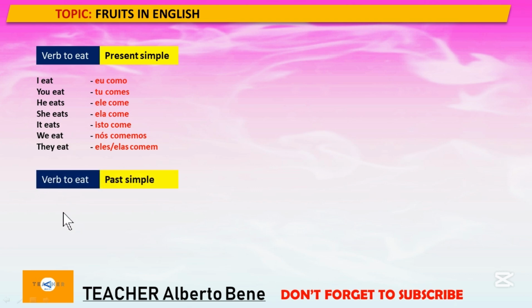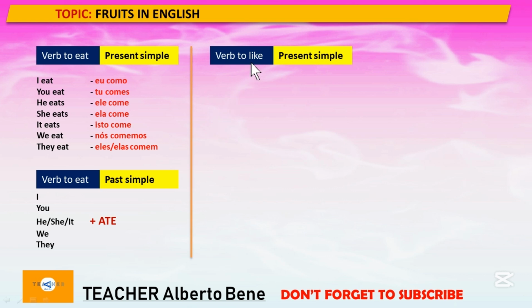Now let's conjugate the same verb in the past simple. I ate, you ate, he ate, she ate, it ate, we ate, they ate. Notice that the past doesn't change, right?